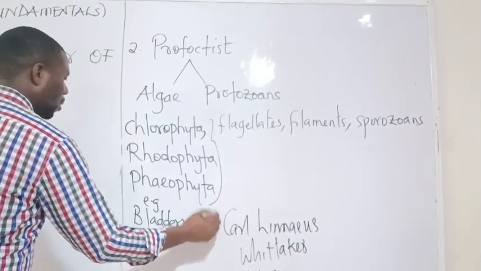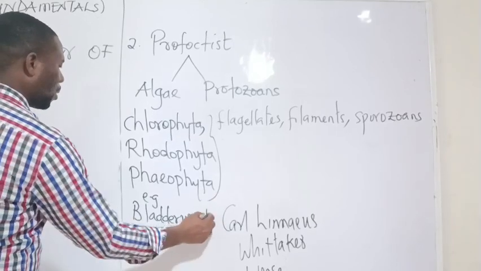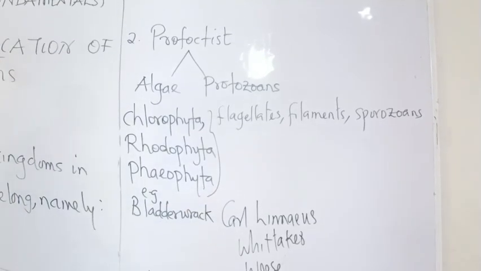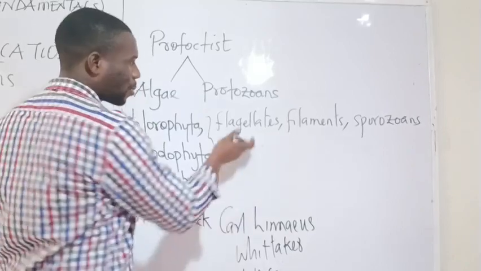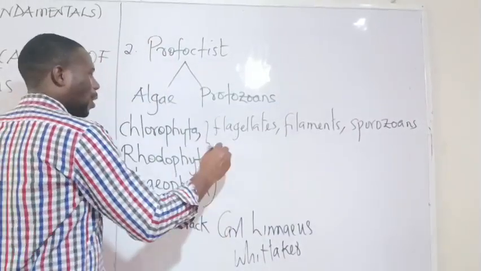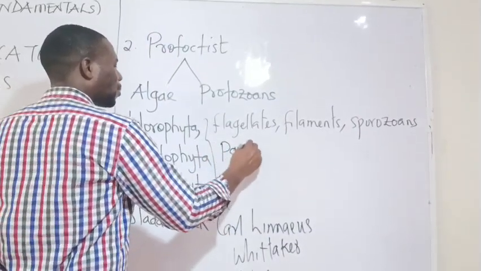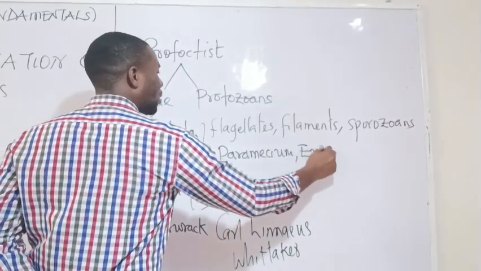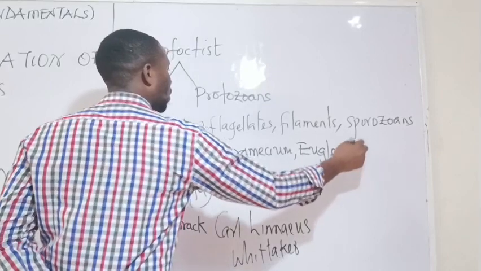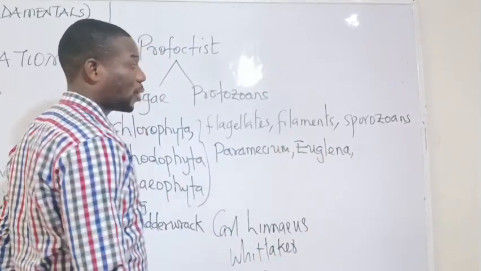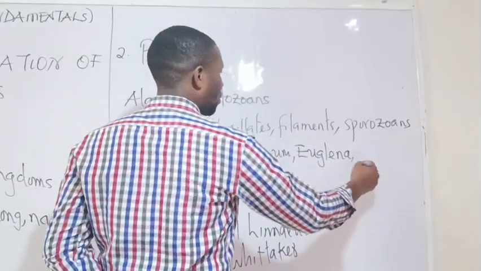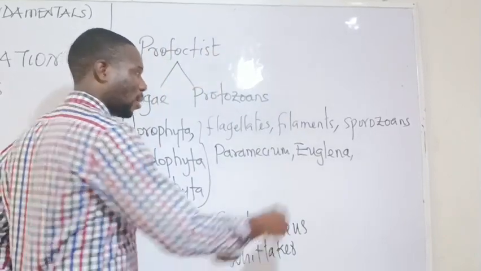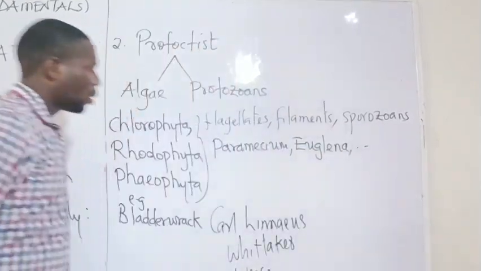Now examples of the protozoans that come under these categories: we have paramecium. This is where your euglena, your paramecium, your spirogyra, and the likes come in.